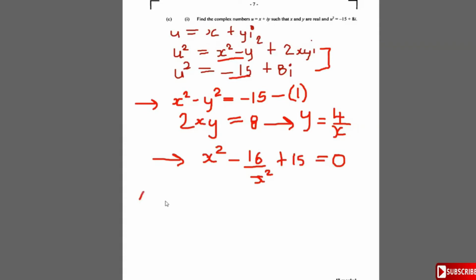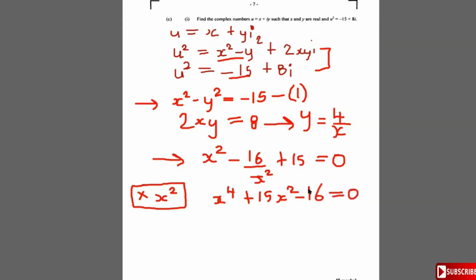By multiplying this equation through by x squared, what we're going to get is x to the 4 plus 15x squared minus 16, and this is then going to be equal to 0. All right, nice and easy.